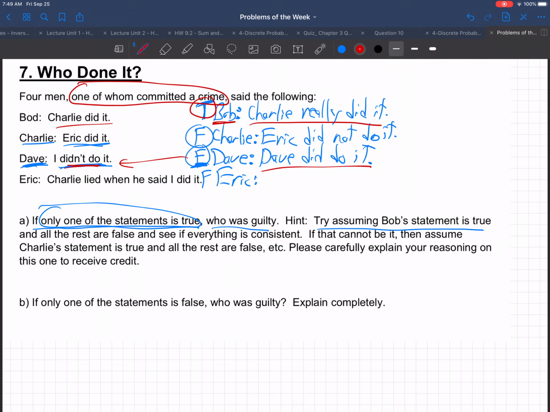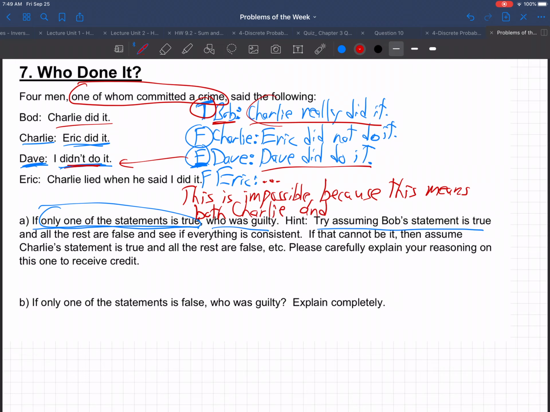I'll just say, this is impossible, because this means both Charlie and Dave did the crime.